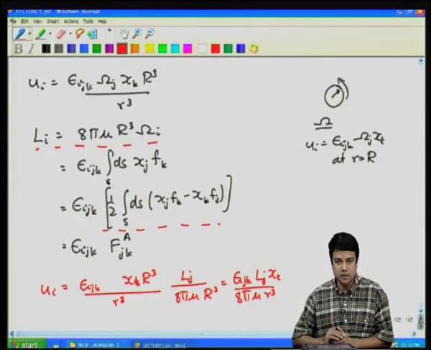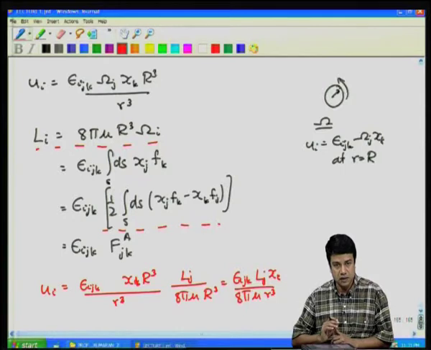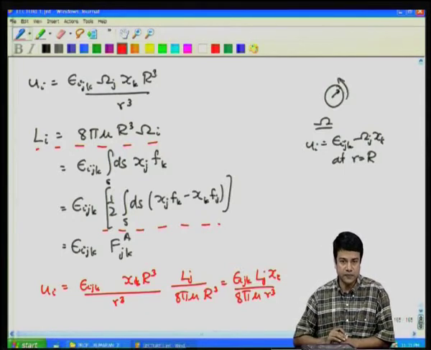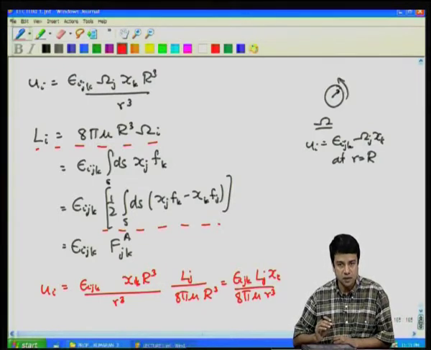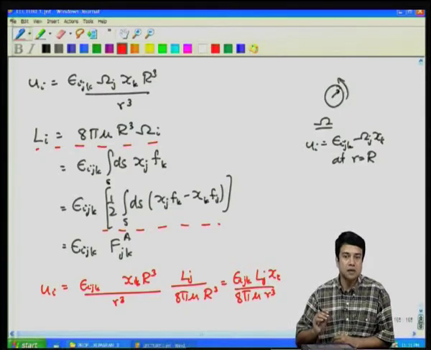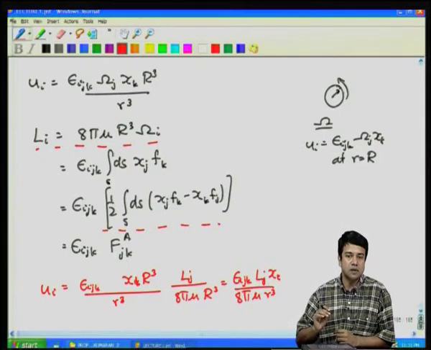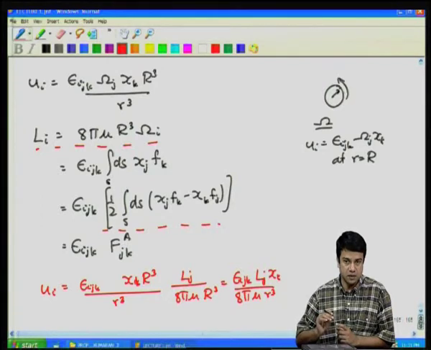does not depend upon the radius of the sphere R. It depends only upon the torque as well as the position vector. So, even in the point particle limit, the velocity disturbance due to this is independent of the radius, and therefore, in the limit as R goes to 0, you get the velocity disturbance due to a point dipole, an antisymmetric force moment, and that has this form.